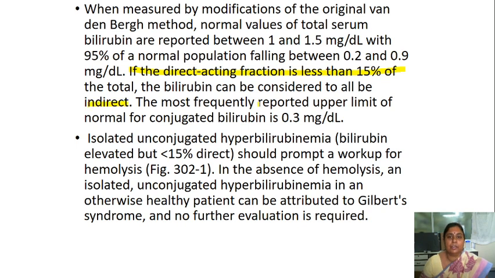The most frequently reported upper limit of normal for conjugated is 0.3 mg per deciliter. Okay, and then isolated unconjugated hyperbilirubinemia, when it is elevated but the direct is less than 15%, it should prompt a workup for hemolysis.